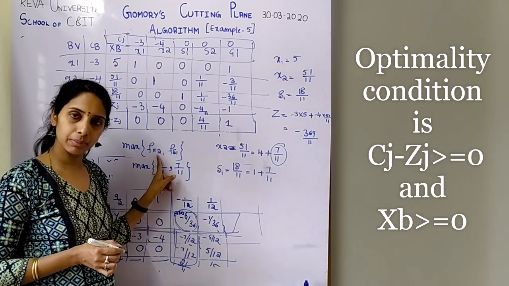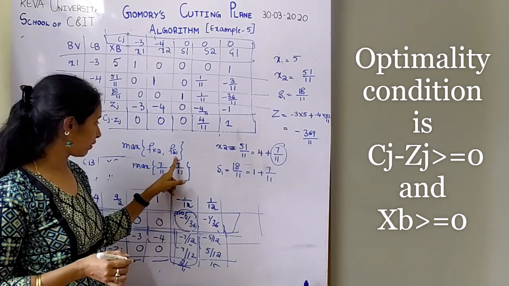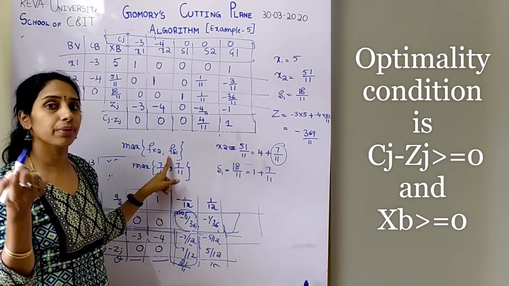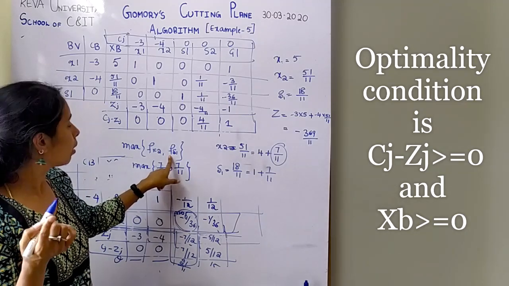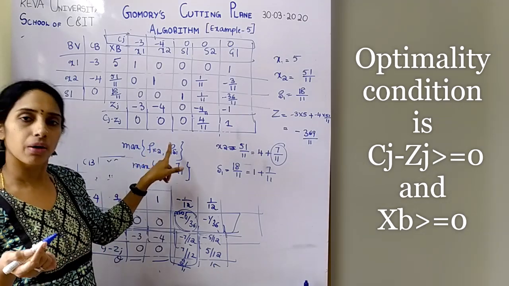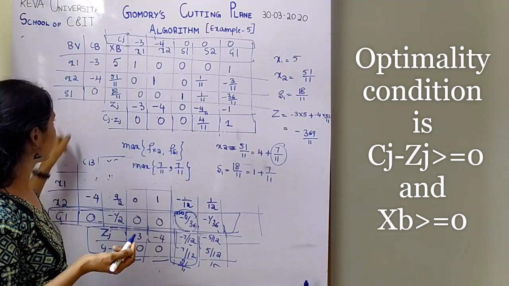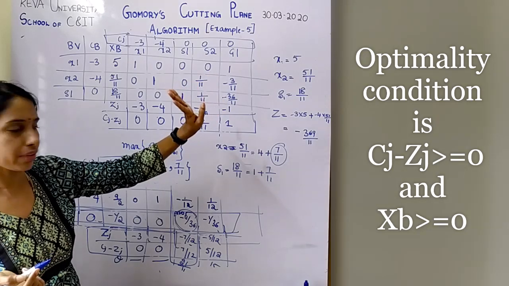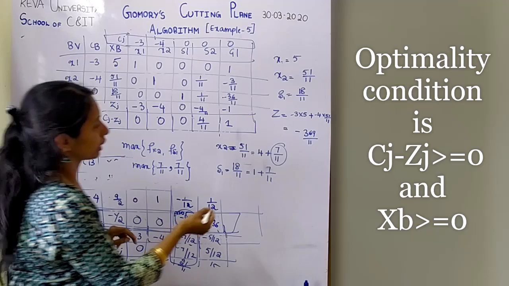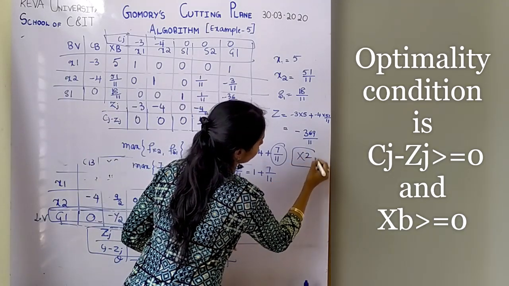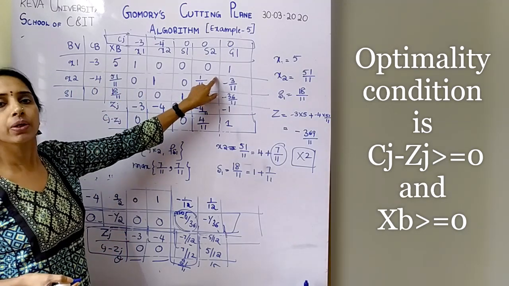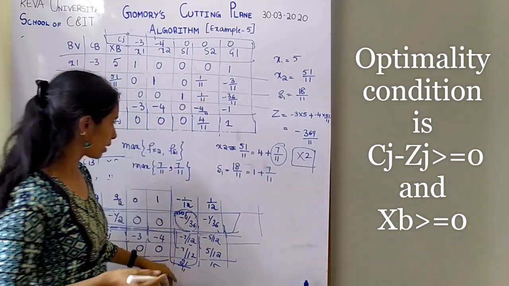In this case, either you have to apply the formula once again, or else arbitrarily select either x2 or s1 to consider for generating the Gomory constraint. So instead of solving again, I will consider the x2 row to generate the Gomory constraint.